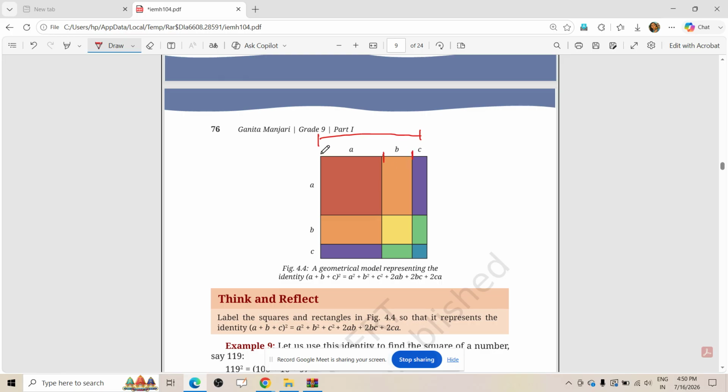The larger one we are saying as A, the middle one is B, and the smaller one we call C unit. It is applicable in all the sides of the square, and the total length of the square is a plus b plus c unit.